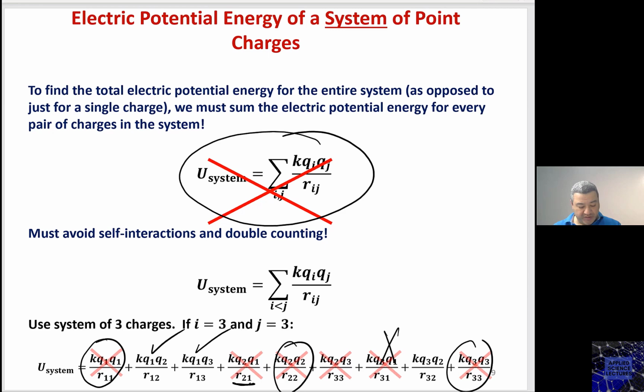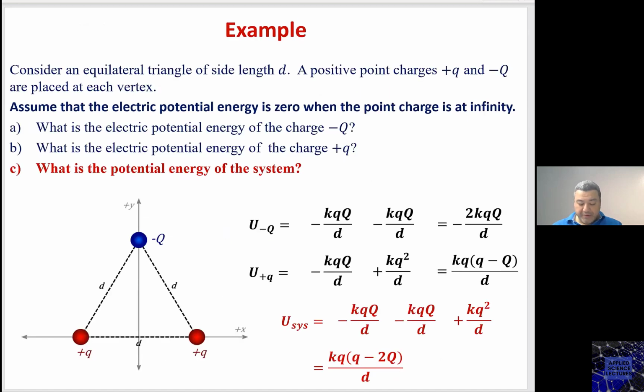Now let's take this example. In this example, we have an equilateral triangle where we have a negative charge here, a positive charge here, and a positive charge here that are equal.